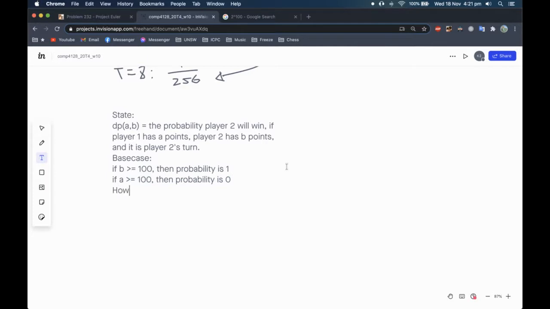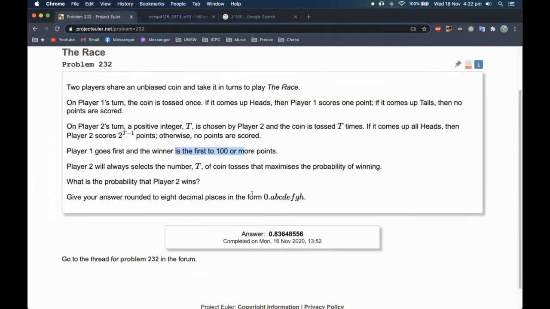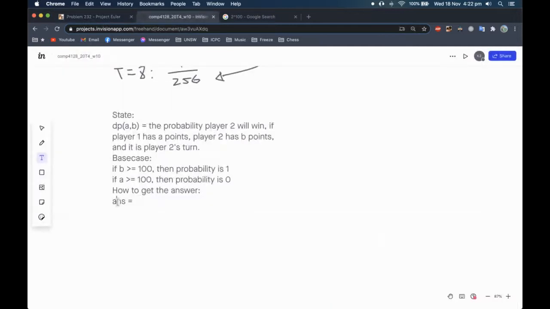And next we need to do is how to actually get the answer. So by answer, what I mean is this final answer here. I want to calculate the answer, so I want to put it into this variable, and I want to use some values of dp that we've calculated before. So let's assume that we've already calculated all the values of dp.